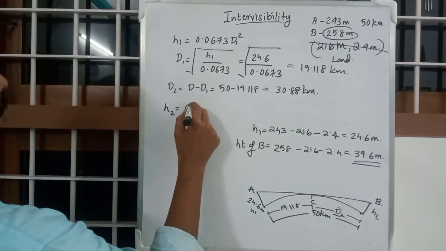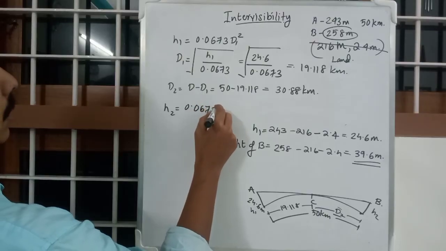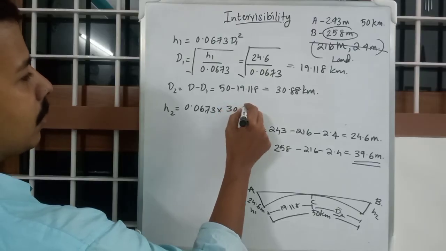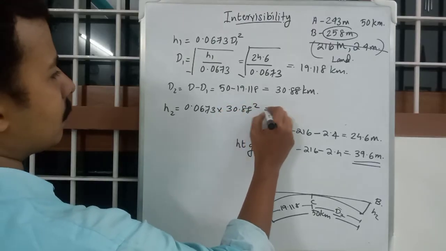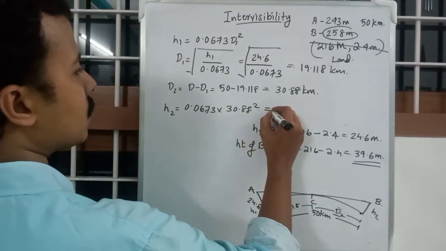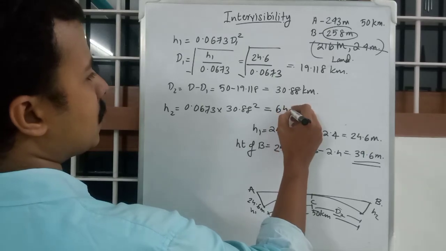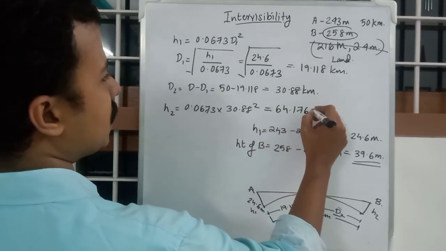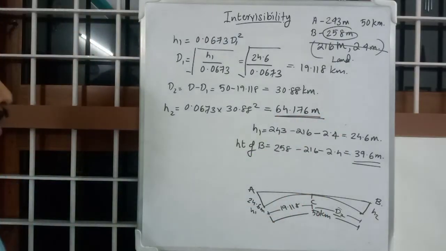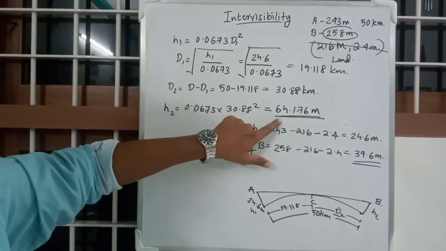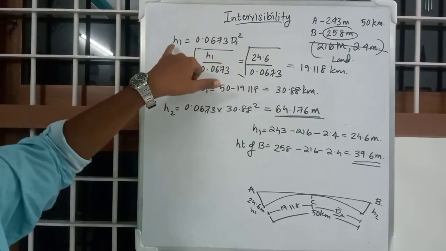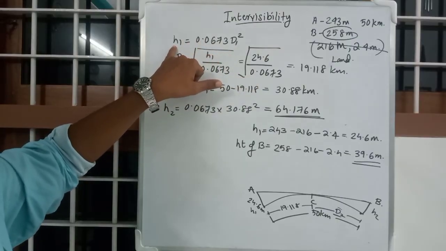H2 is equal to 0.0673 into D2 square, that is 30.88 square. H2 is given as 64.176 meters. In this shortcut equation you will need to substitute D in kilometers and obtain H in meters.